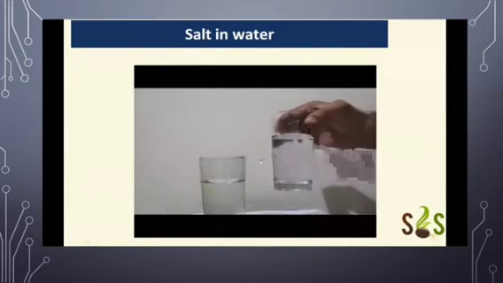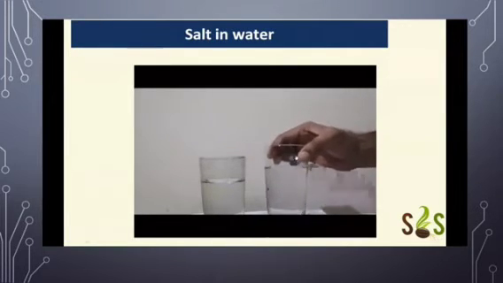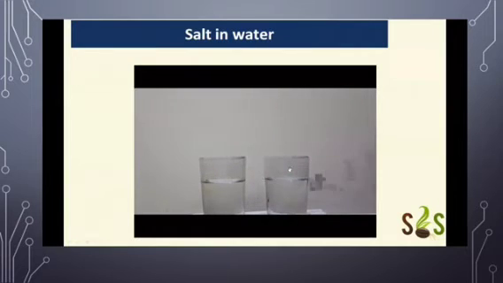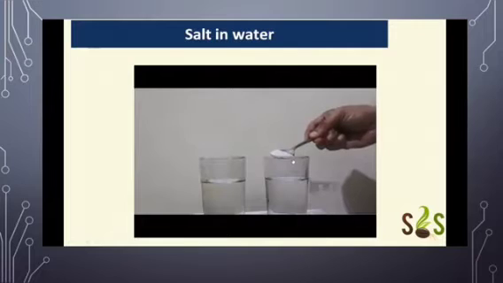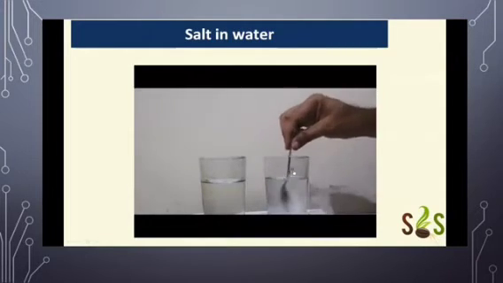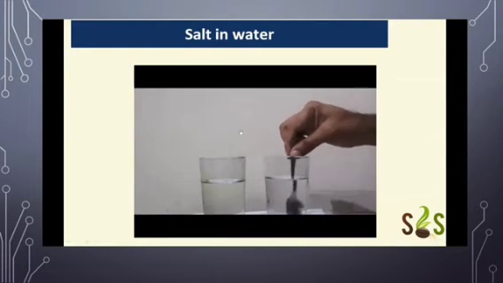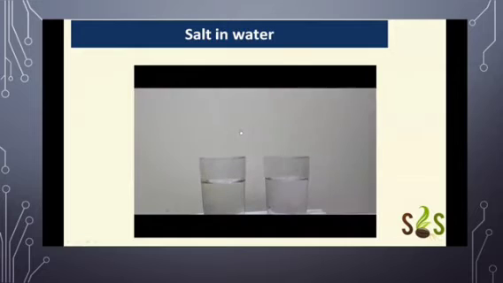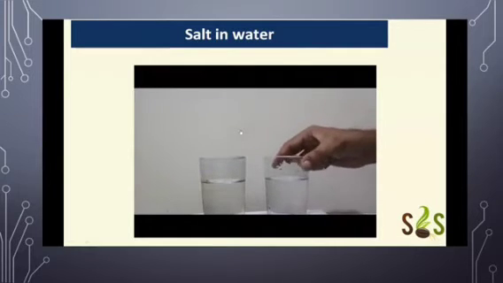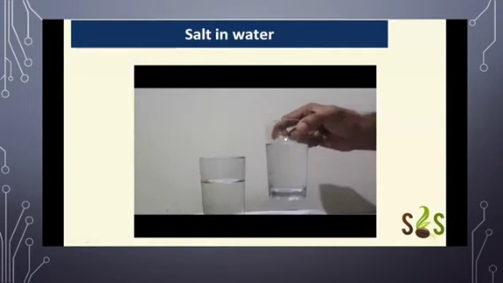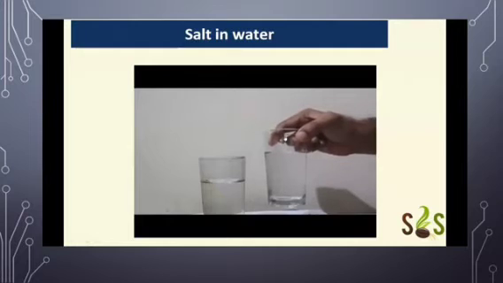In this video we have two glasses. In one glass we are going to add salt, and in another glass we are not going to add anything. So here we are adding a spoonful of salt in this glass, and then we have to stir it, and we have to leave it for a few minutes. If we see after a few minutes, we will see that the salt has disappeared.